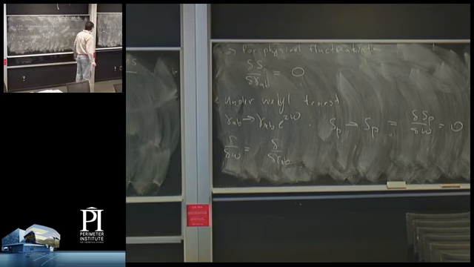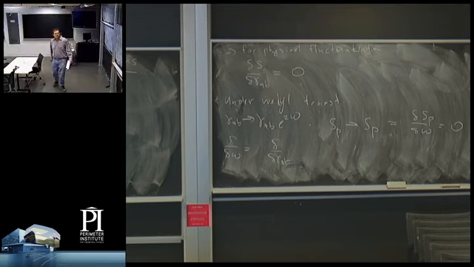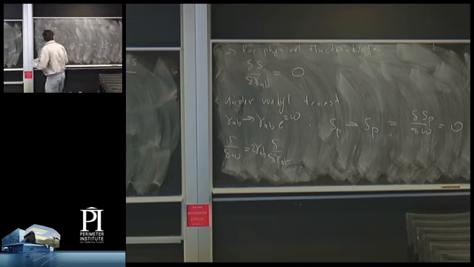And then I have to times 2 gamma AB. Okay, is that clear? Because all I have to do, I just have to vary with respect to this. Okay, so very good.